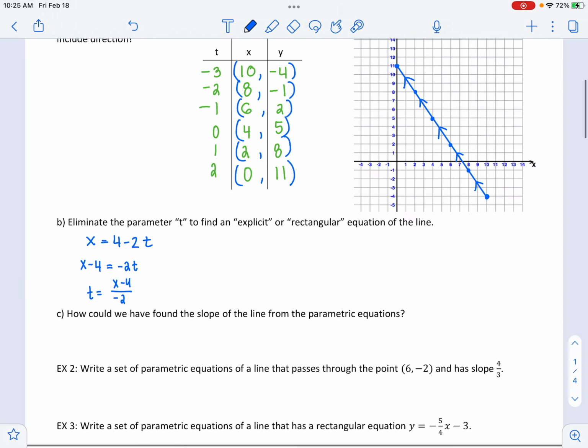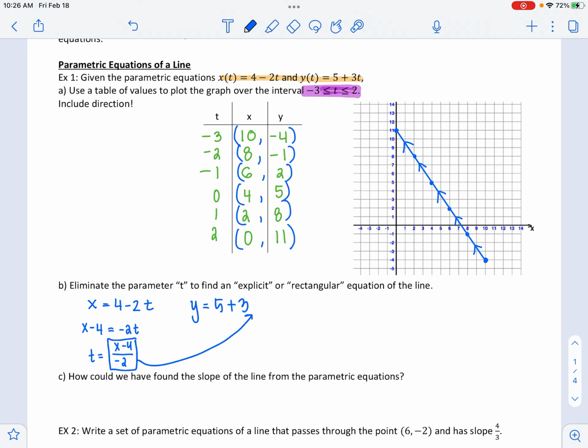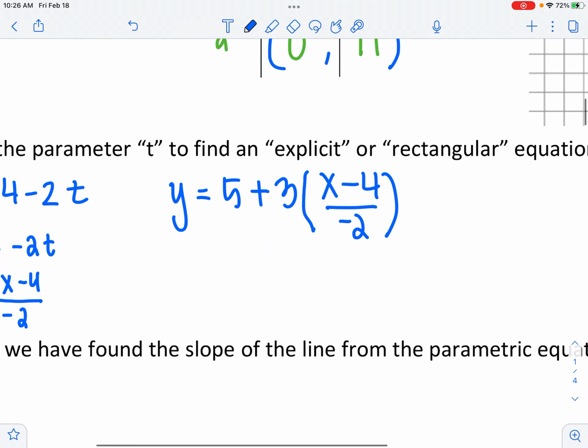All right, so now I'm going to take my other equation, which was y equals 5 plus 3 times t, and instead of writing t, I'm going to substitute this in for the t value. So that is going to be x minus 4 over negative 2. Now we have to clean this up.